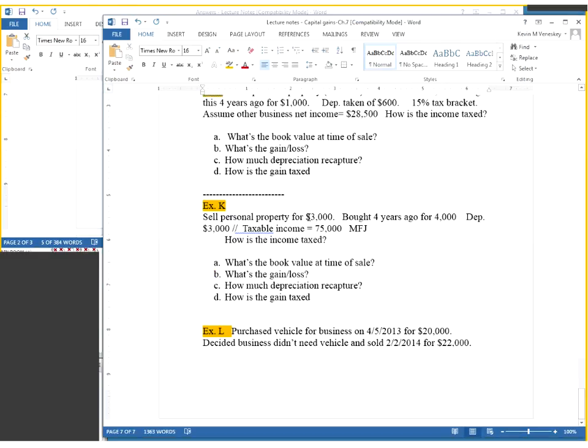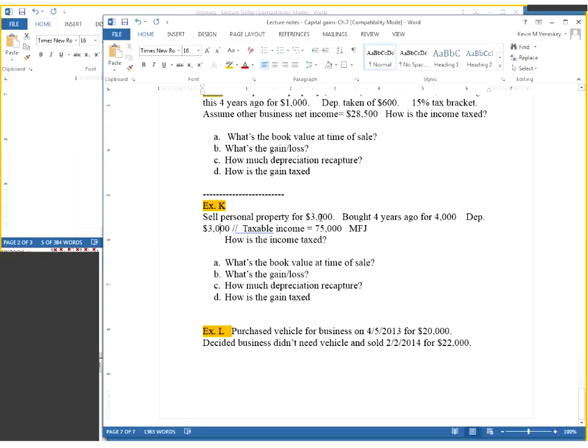Okay. We sell personal property. Again, this would be like equipment for the business. We bought it 4 years ago, so therefore it's a Section 1231 asset. Bought it for $4,000. We've depreciated it $3,000. Taxable income $75,000. How is this income taxed? What is the book value? Bought it for $4,000. Took $3,000 in depreciation, so book value of $1,000.